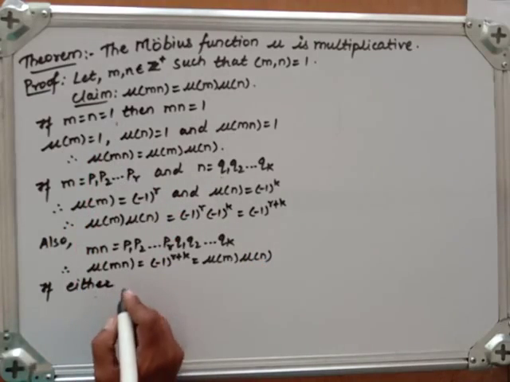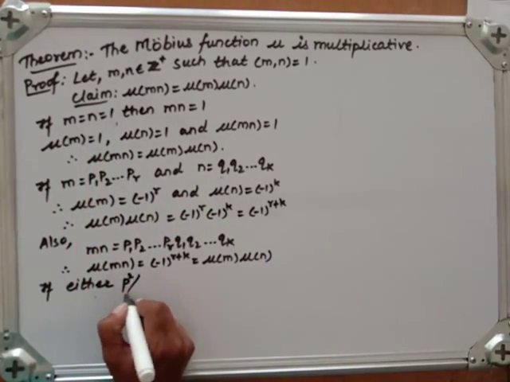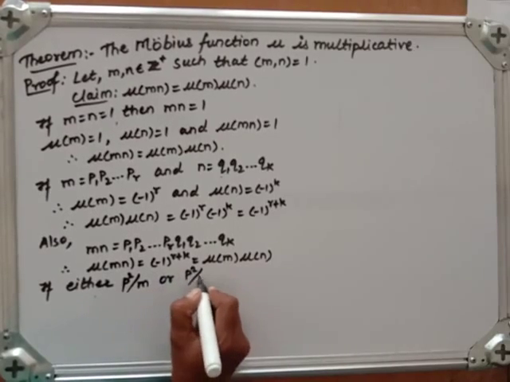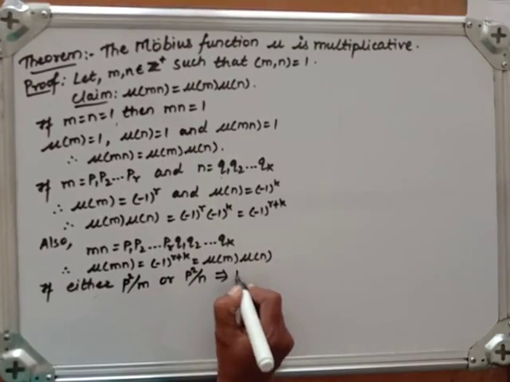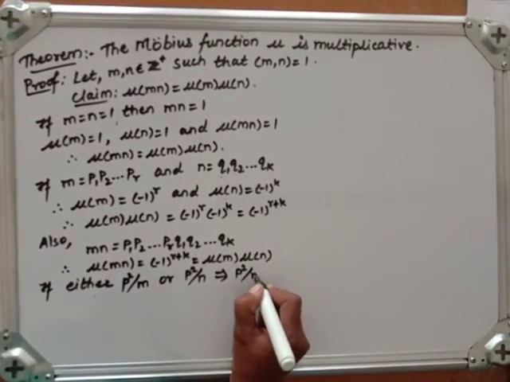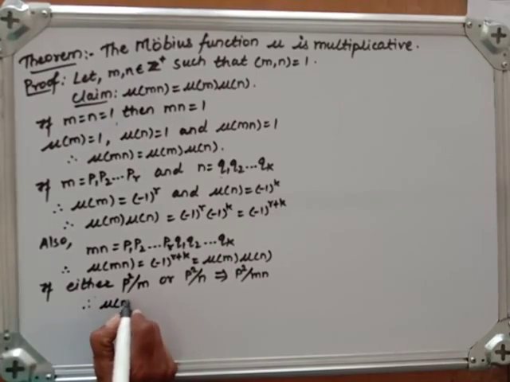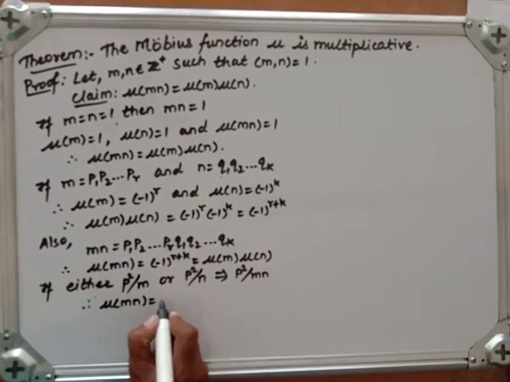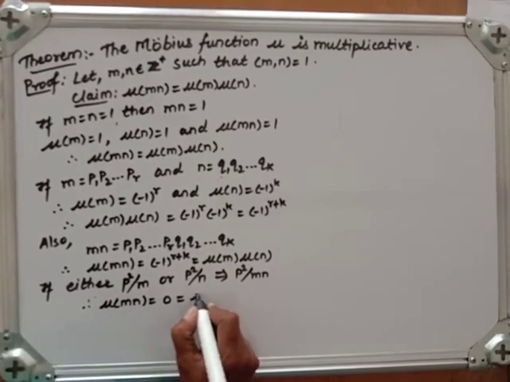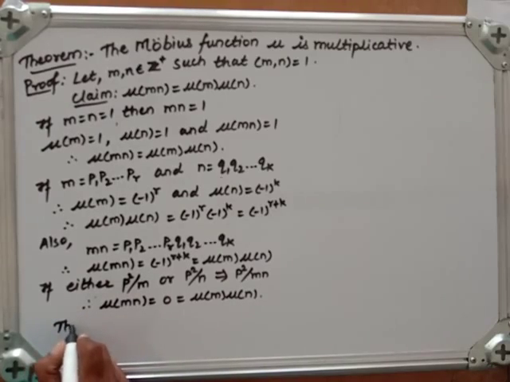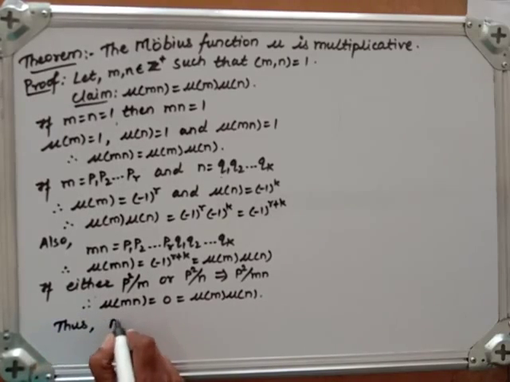Now the question is left for if either p square divides m or p square divides n. This gives p square divides mn. Therefore, mu of mn is equal to 0, and that is the same as mu of m into mu of n.